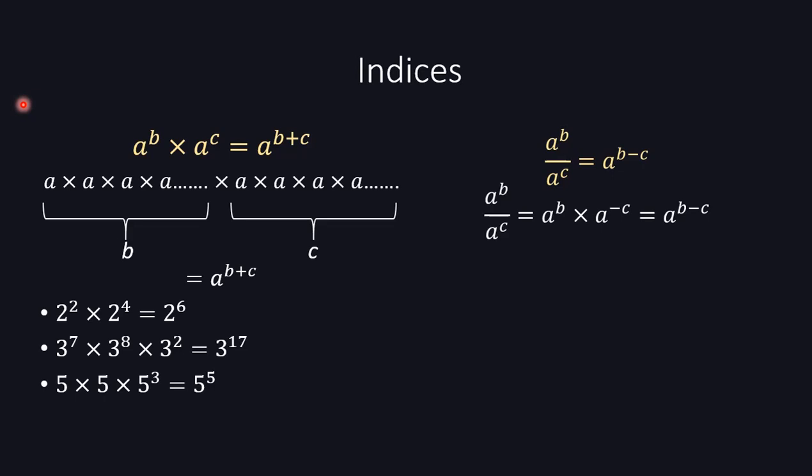So if we go the opposite way, this means that if I have the reciprocal of a number, I can express it as the number with a negative power, right? So basically I can express 1 over a raised to the power c as a raised to the power minus c. So a raised to the power b divided by a raised to the power c becomes a raised to the power b multiplied by a raised to the power minus c. And now you just have to apply this rule that we discussed right now, and when you add b and minus c, you get a raised to the power b minus c.